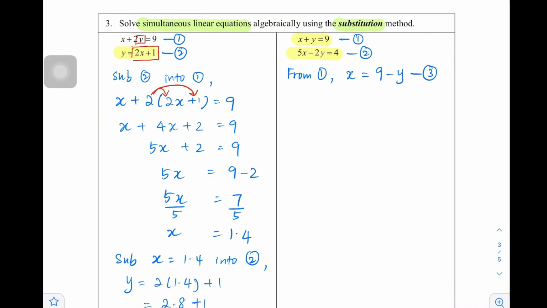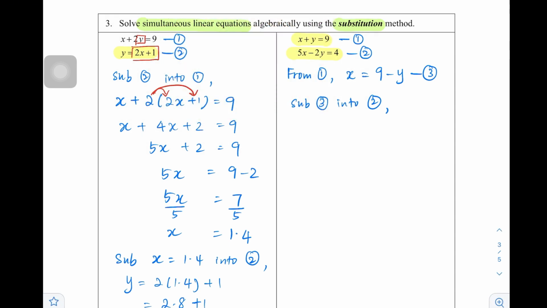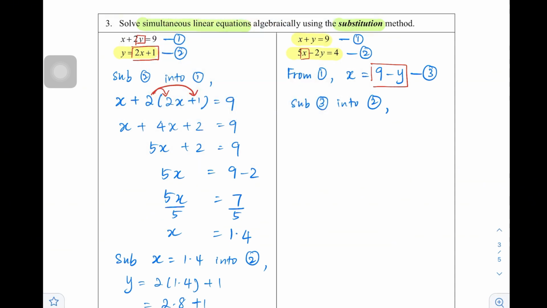So let's use equation 3, which already has x as the subject of the equation, and substitute it into equation 2. Again, this means that every time I see x in equation 2, I need to replace it by 9 minus y, since x is equal to 9 minus y.